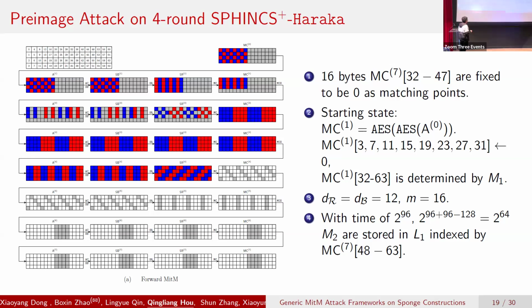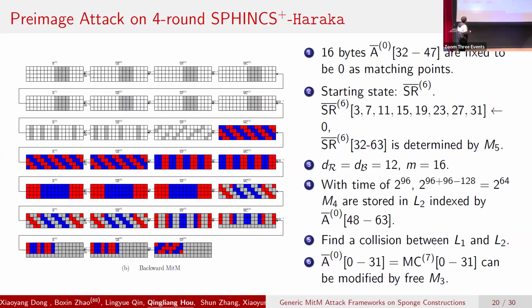With time of 2 to the 96, we could find 2 to the 64 M2 satisfying the 16 zero bytes, and we store them in a hashing table L1 indexed by the undetermined bytes of our inner part in MC7.